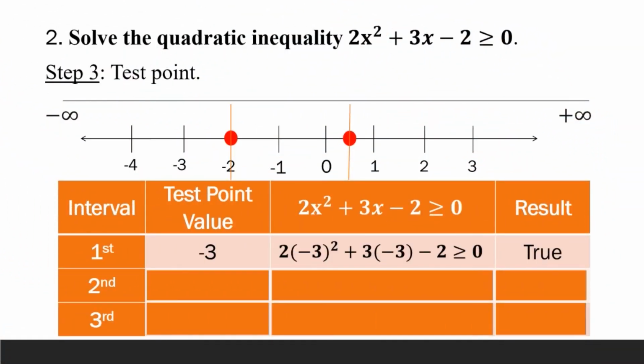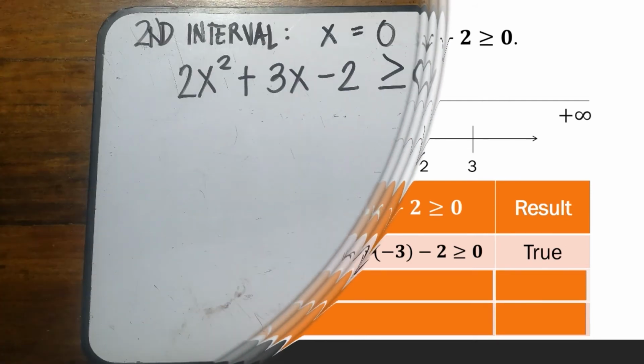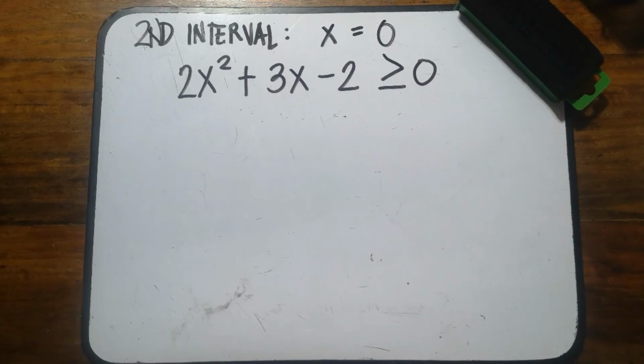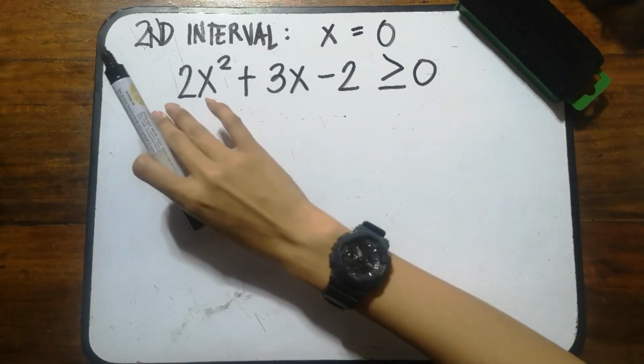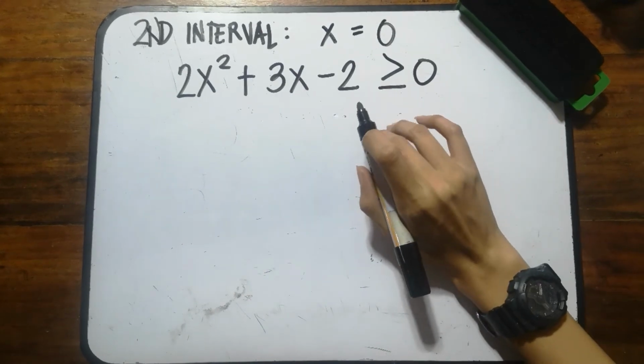And for the second interval, let us have 0. Now, let us test the point value 0 if it satisfies the given inequality 2x squared plus 3x minus 2 greater than or equal to 0 by substitution method. Now, let us substitute 0 to the variable x in the given inequality.